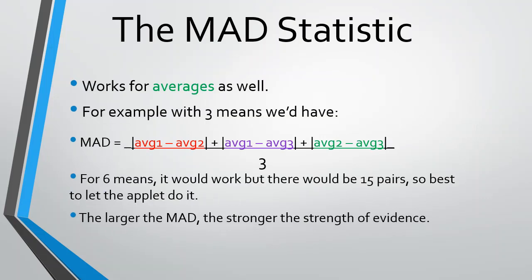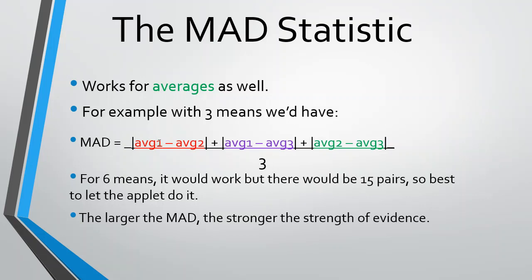Okay, that's how you would write the hypotheses. And we're going to do this using the MAD statistic, which is actually the same as what we did with multiple proportions. This is how it works. You take your average from sample 1 and your average from sample 2 and compare them, take your average from sample 1 and sample 3 and compare them, sample 2 and sample 3 and compare them, and then add up the absolute values of the differences and divide by 3.